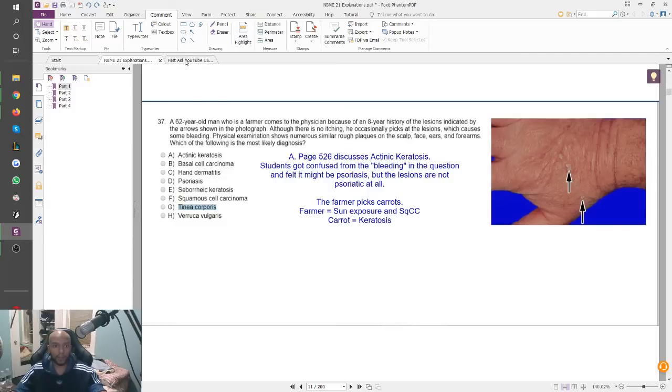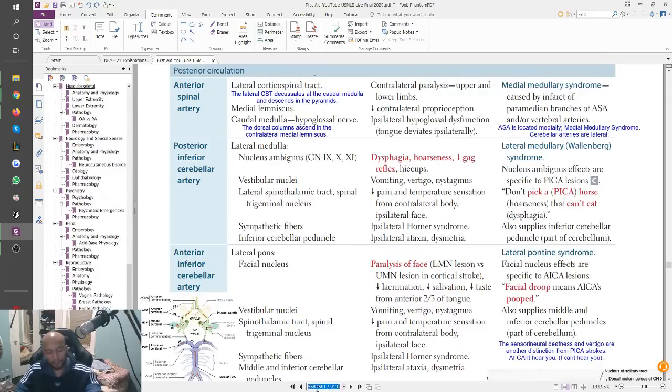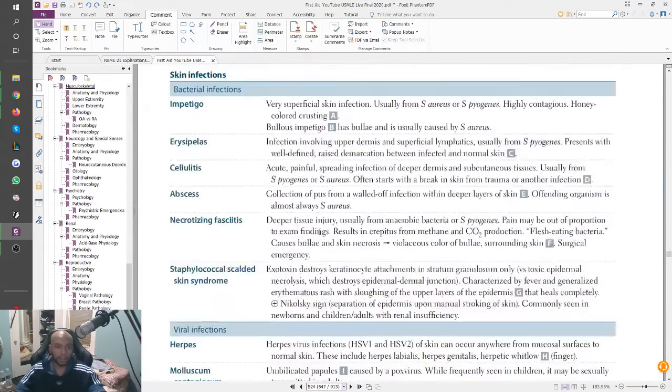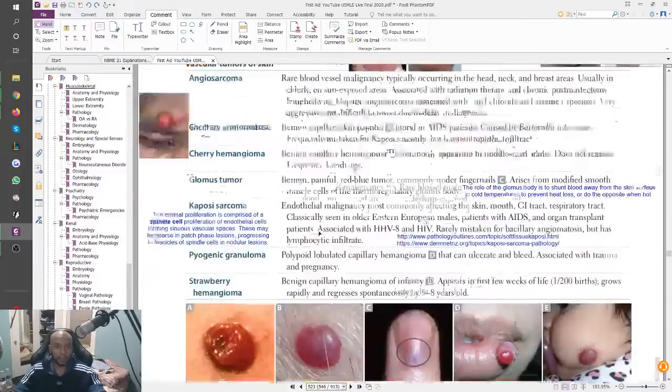And page 526, so let's take a look at what's happening with that. Miscellaneous skin lesions, right, and you have your actinic keratosis. Seborrheic keratosis is benign. Actinic has action because it can lead to squamous cell carcinoma, right? But seborrheic keratosis, I think, is discussed in an earlier part of this section.